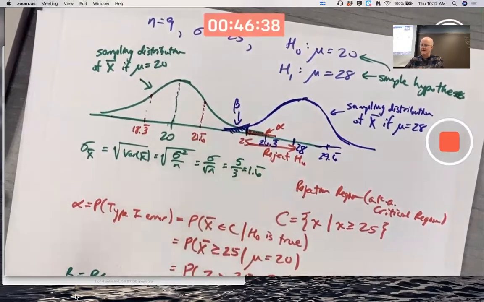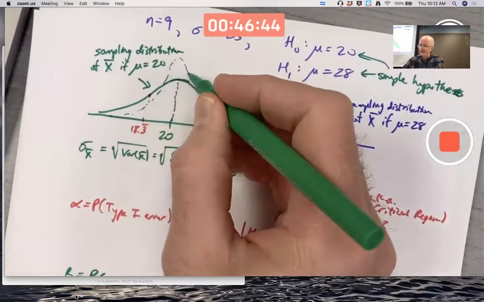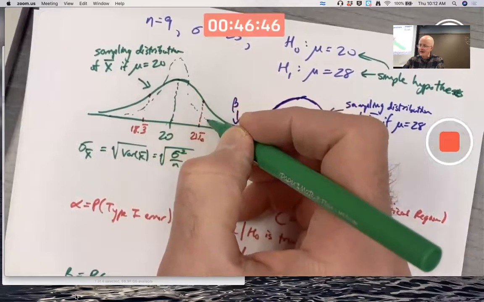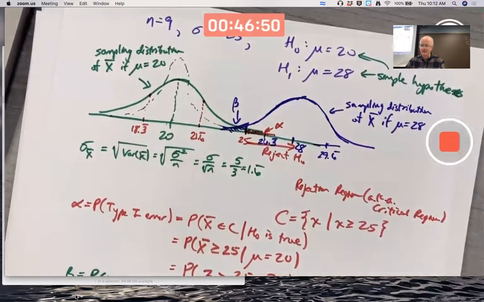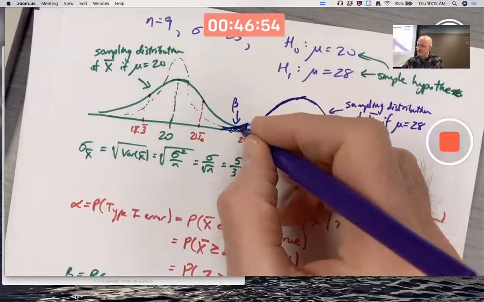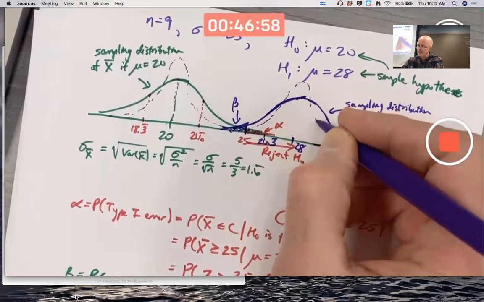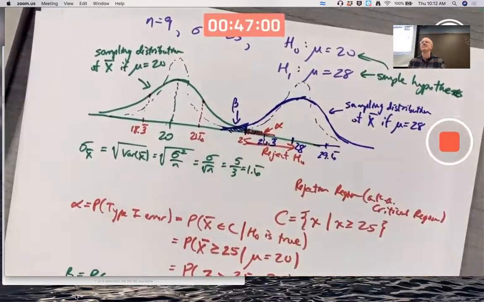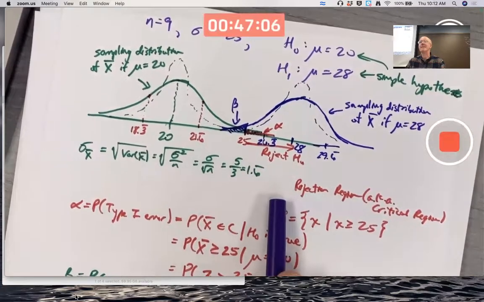And visually, it's because these curves are getting taller and skinnier. And so the area under the green curve to the right of 25 is smaller, and the area under the purple curve to the left of 25 is smaller, if you keep the rejection region the same.